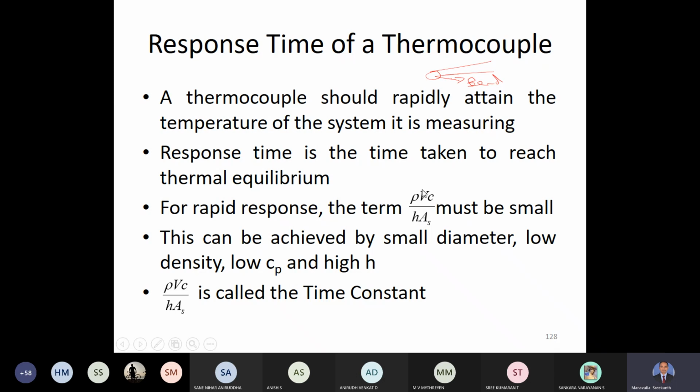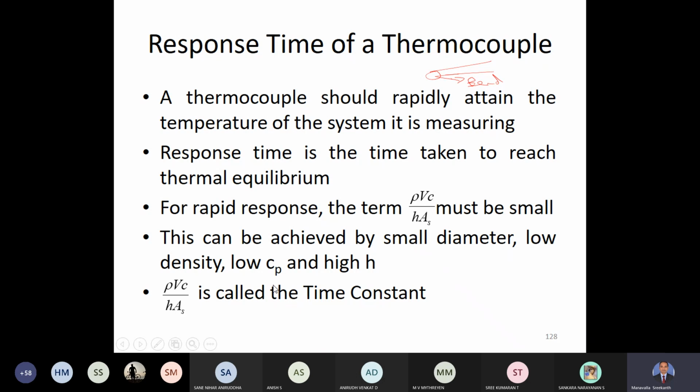Therefore, the area must be large, or this volume to area ratio must be small. In the denominator we have h, so the heat transfer coefficient must be large, and the density must be small, and also the heat capacity must be small. If we choose materials in such a way, then the response time will be low.